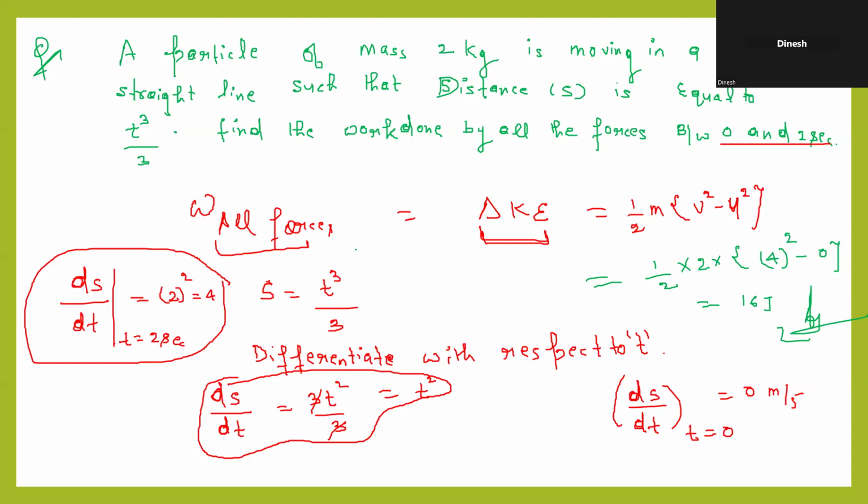When you differentiate this, you will get an expression in terms of t. Then just put the value of t equal to 0, you will get the initial velocity. When you put t equal to 2 seconds, you will get the final velocity or final speed, its magnitude. Speed is the velocity magnitude. Any doubt?